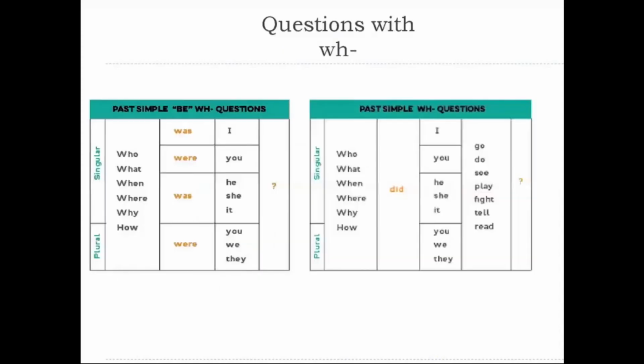If we want to make special questions, we will use these two tables. For example, the question word will be in the first place, then to be, after that subject, then verb.